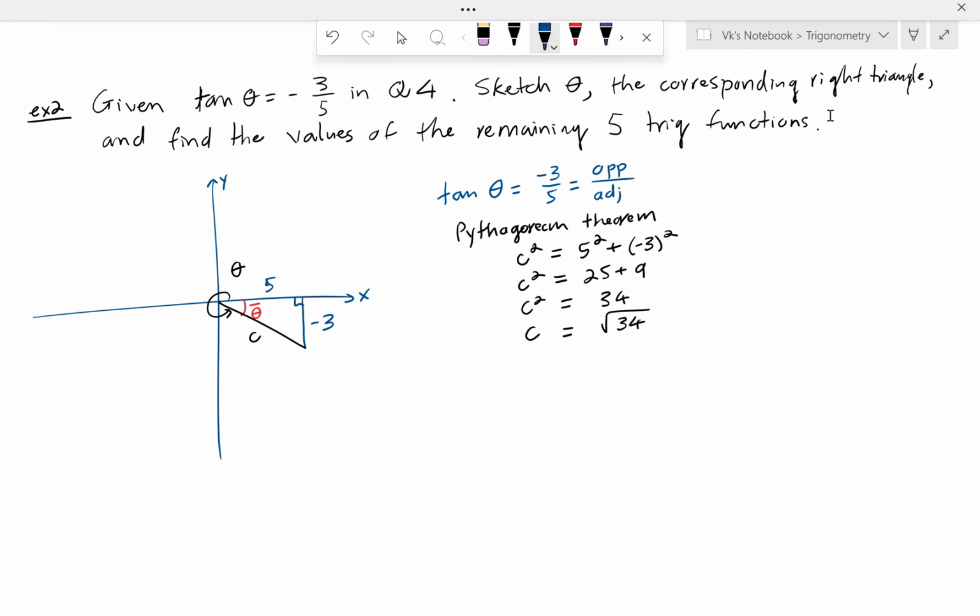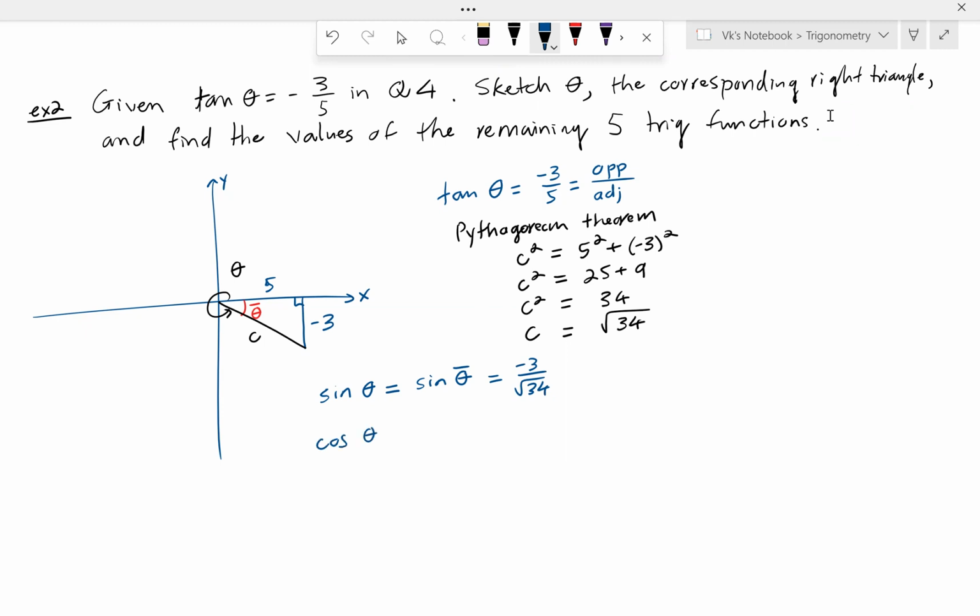Okay, so here come sine of the angle theta is the same as sine of the reference angle theta bar, and according to the right triangle, that would be negative 3 over root of 34.